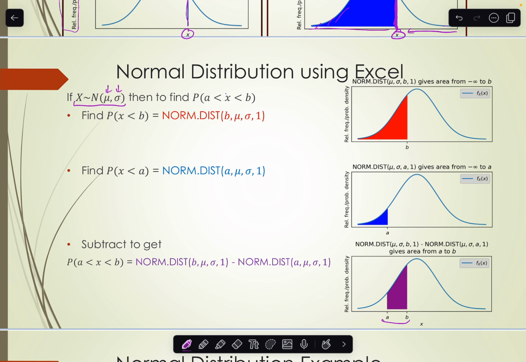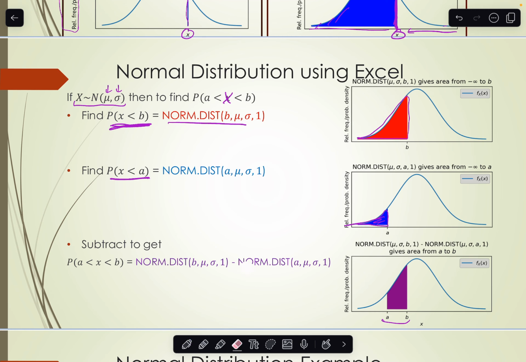If you want to find the probability that x is between A and B, you have to do it in 3 steps. First, find the probability of x being less than B. Then you find the probability that x is less than A, from the left, so that area from the left.